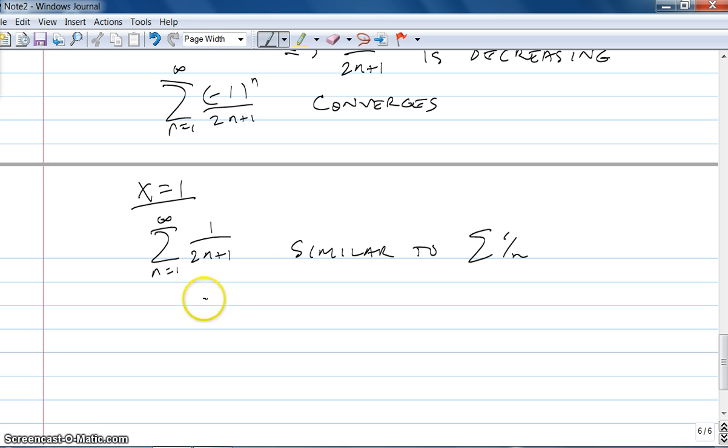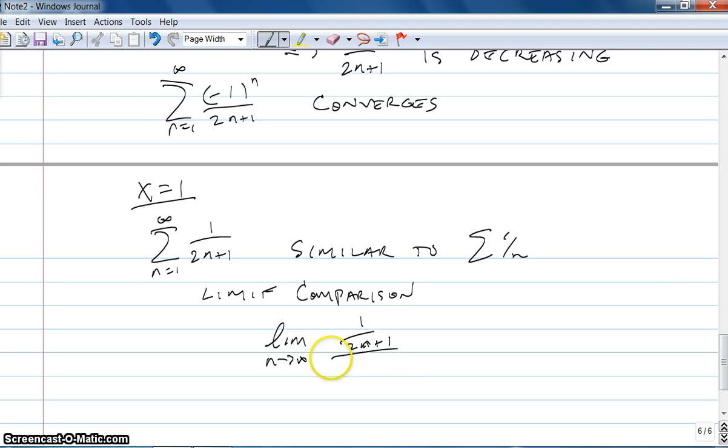So what I'm going to do is a limit comparison. The limit as n goes to infinity of 1 over 2n plus 1, over 1 over n. That's the limit as n goes to infinity of n over 2n plus 1. Just flip this and multiply, and that gives me 1/2, which is not equal to 0 and not equal to infinity.